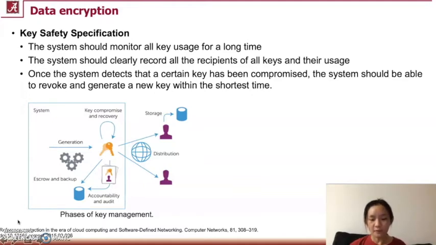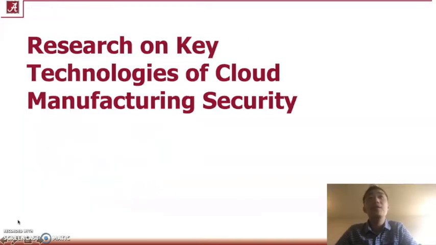Revoking the compromised key can reduce the information leakage to a minimum, and the newly generated key should be redistributed and authorized to the users as soon as possible to ensure that their work is not interrupted. As we know, the key security is the most important part of the cloud manufacturing security.